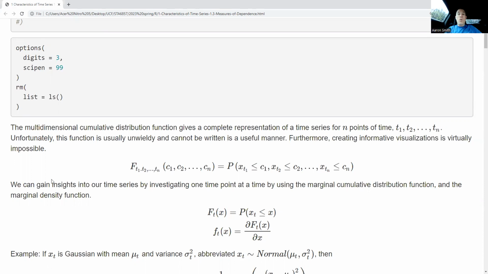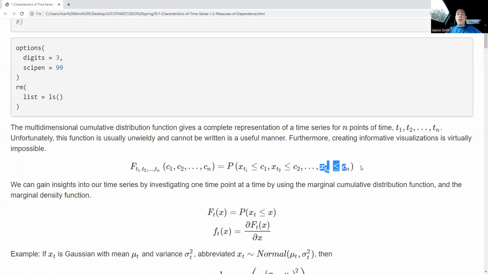So I take the n points of time that I'm interested in, and then look at the distribution function. When taking this approach, the multidimensional cumulative distribution function checks the probability of being less than or equal to each of these particular values.